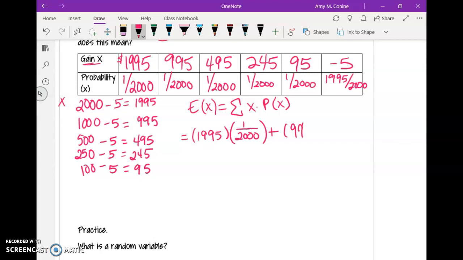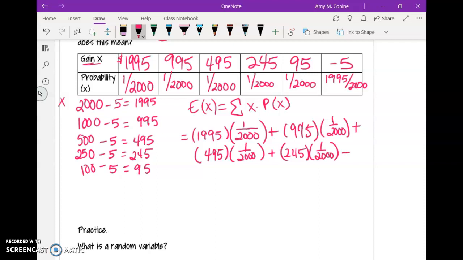So 995 times 1/2000. I'm going to go down here, 495 times 1/2000, and then 95, nope, I missed 245. 245 times 1/2000.